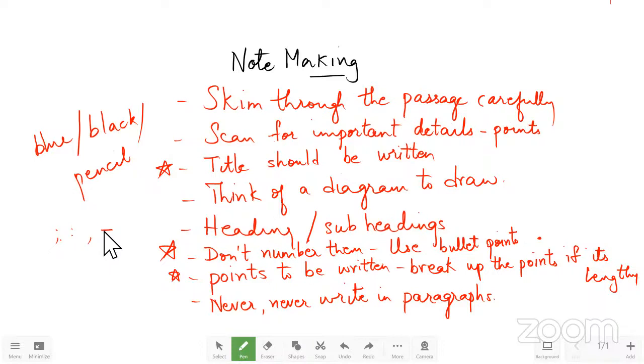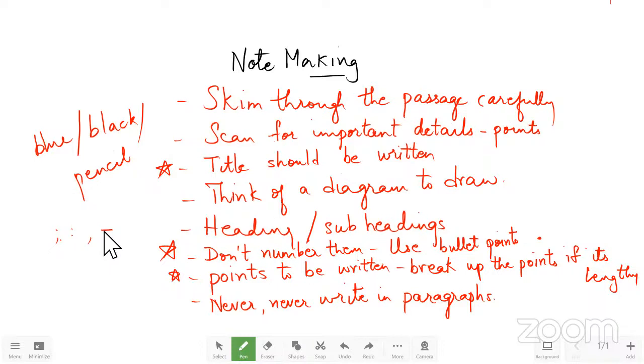So especially betterment students, out of the 7, at least 5, because there's no choice in note making. You will get only 1 paragraph, and that passage will be from your textbook. So those who are writing betterment, it is always better for you to practice all those 7 exercises given in the textbook.